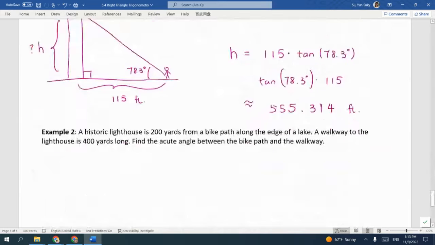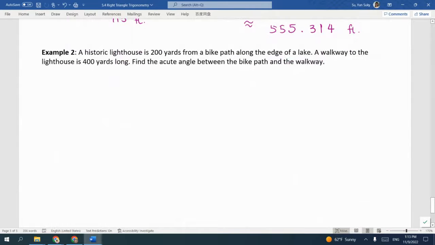All right. Example 2. A historic lighthouse is 200 yards from a bike path along the edge of a lake. A walkway to the lighthouse is 400 yards long. Bless you. Find the acute angle between the bike path and the walkway. Okay, so let's draw a picture.